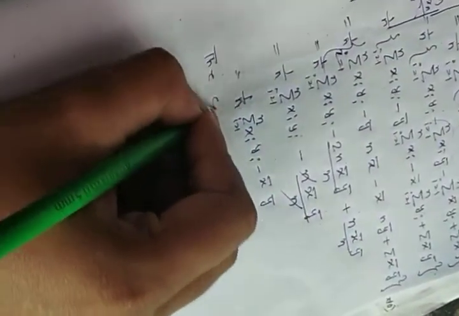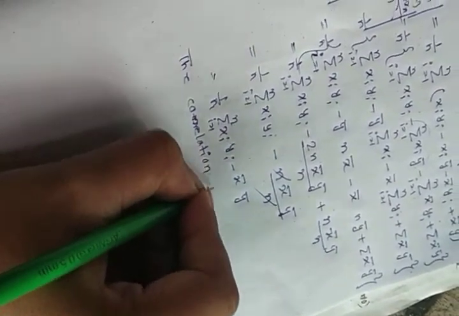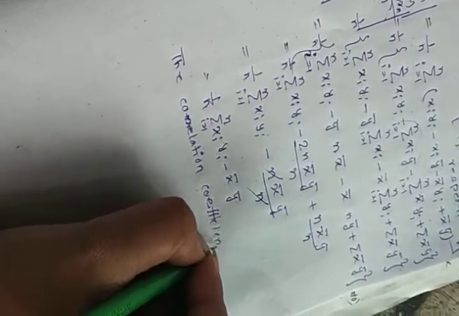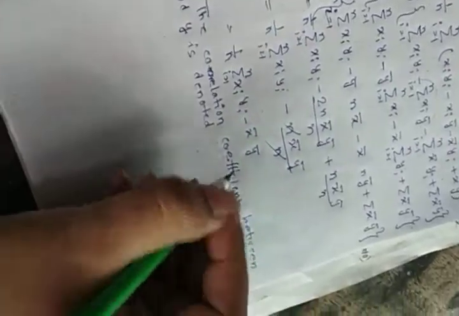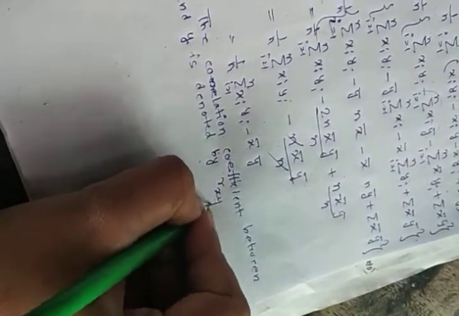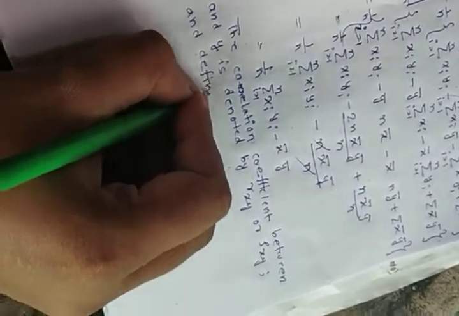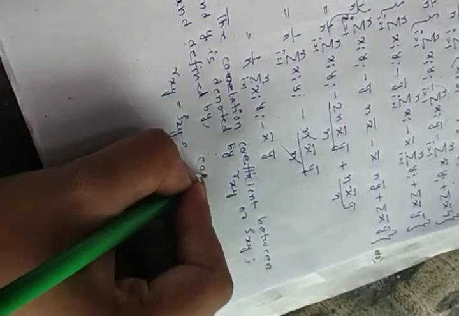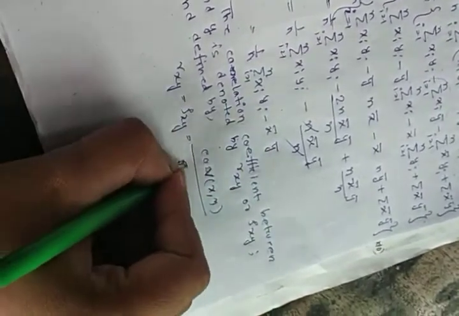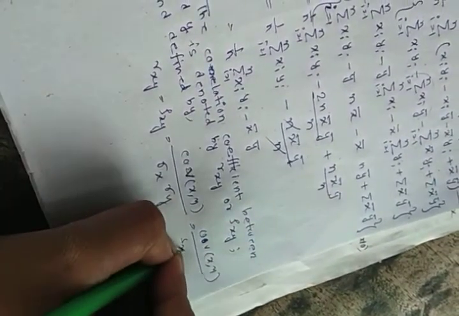So the correlation coefficient between x and y is denoted by r of xy or rho of xy, and it is defined as r of xy equals cov of xy by sigma x sigma y, or cov of xy by sx sy.